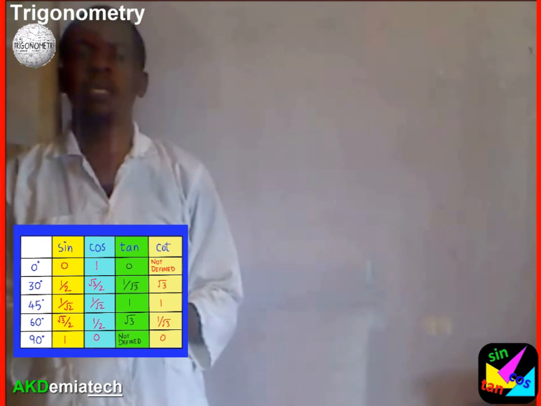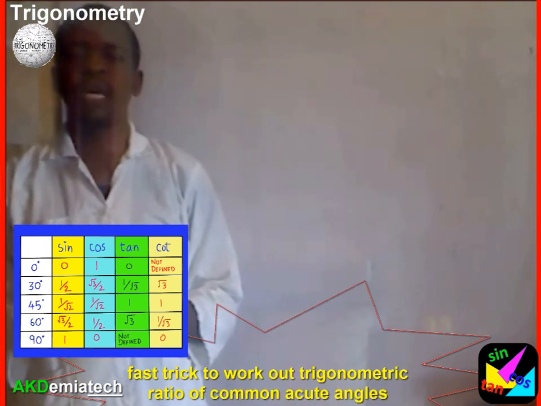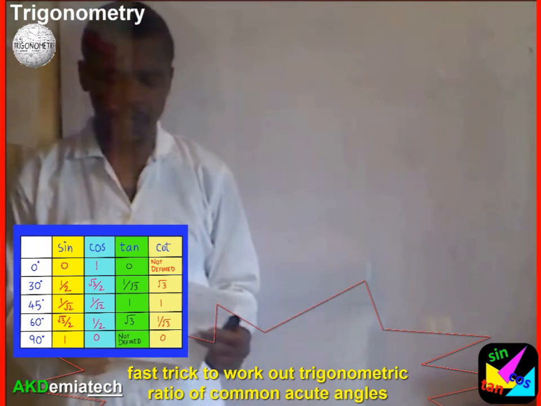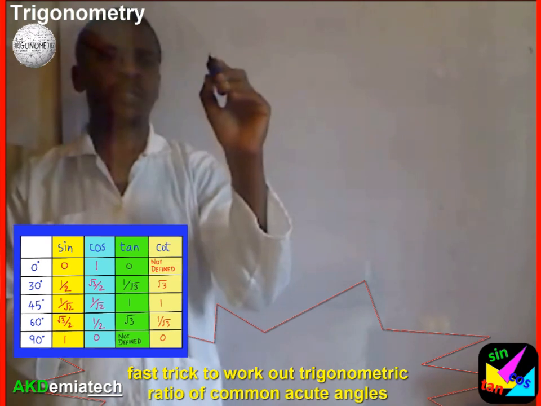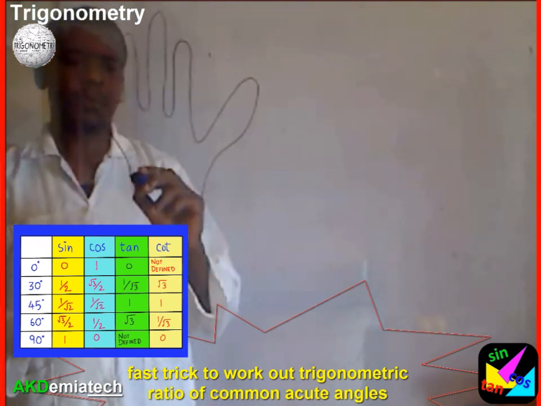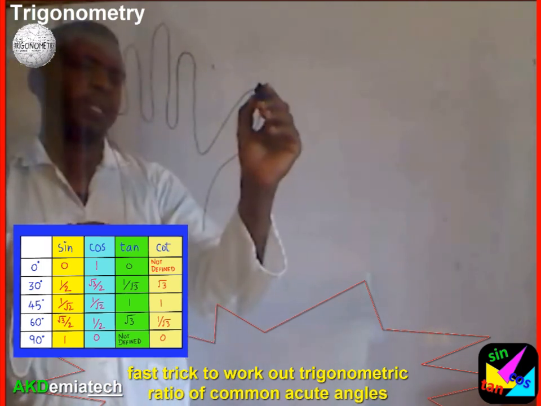We are going to look at a simple trick to work out the trigonometric ratios of common angles. So I start by drawing a reflection on my hand. So this is my hand. Place this angle here.